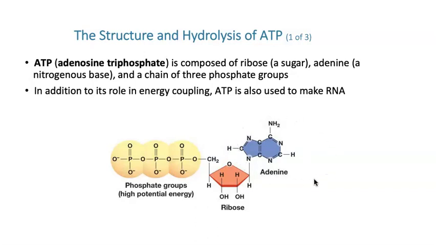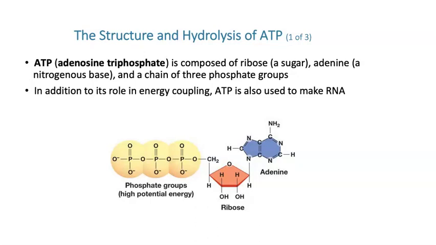A nitrogenous base, like the kinds you find in DNA, this is adenine. This is exactly the nitrogenous base that you would find in a DNA or RNA molecule. What's different about this is that it has 1, 2, 3 phosphate groups.